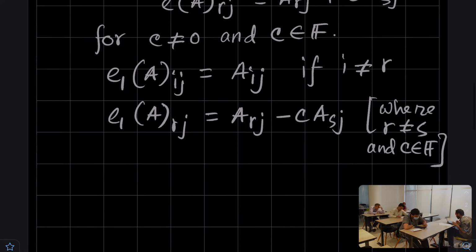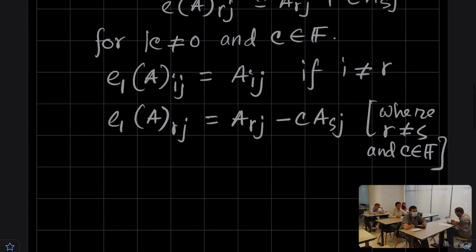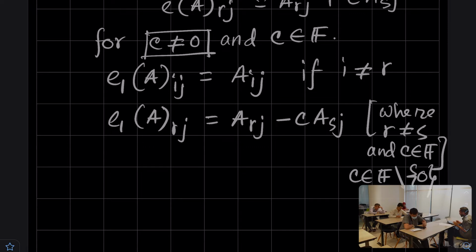Now c belongs to F set minus 0, so c is not equal to 0.